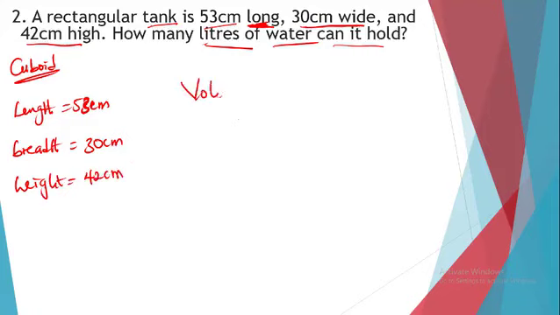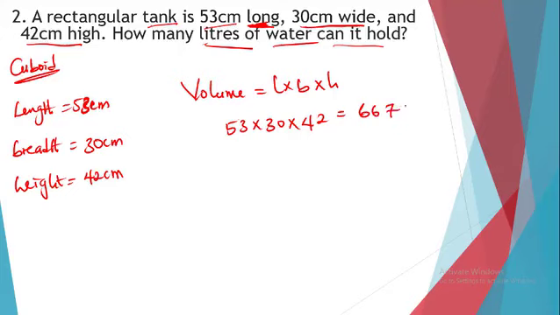Then the volume of a cuboid is equal to L times B times H. Is that correct? So we'll have our answer to be equal to 53 times 30 times 42. Okay, and that will give us our answer to be 66780 cm cube. Is that correct?